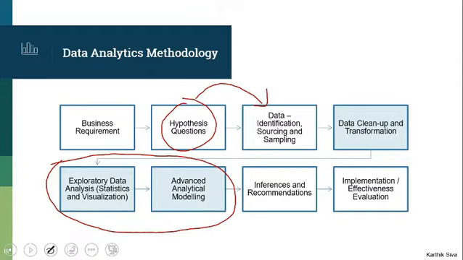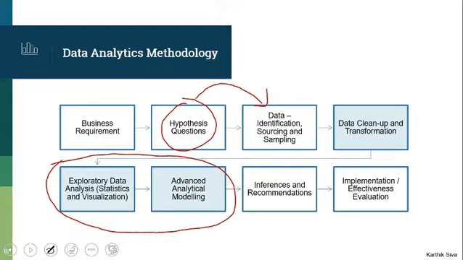If the target variable is numeric in nature, we use regression. If the target variable is categorical in nature, we use classification. And sometimes when you don't have any target variable at all, you use other techniques like clustering or market basket analysis. So we use different analytical modeling techniques in different scenarios. Once we do that, we come out with inferences, recommendations, and actions, and then we implement them and evaluate these actions.